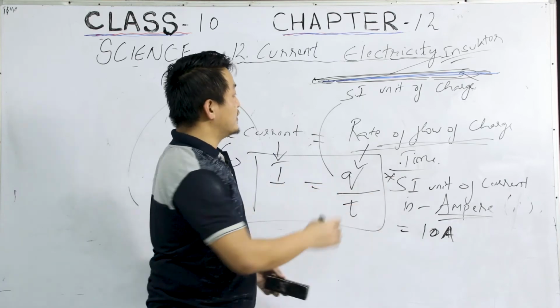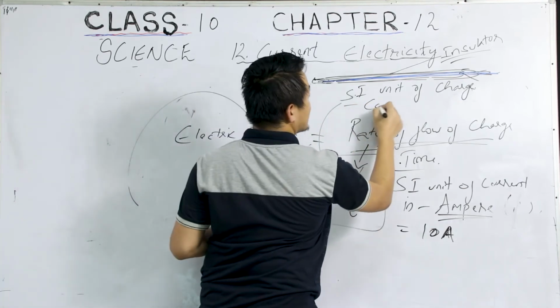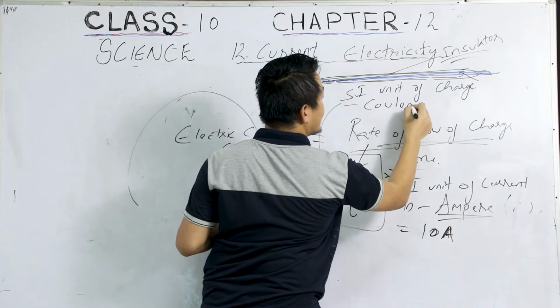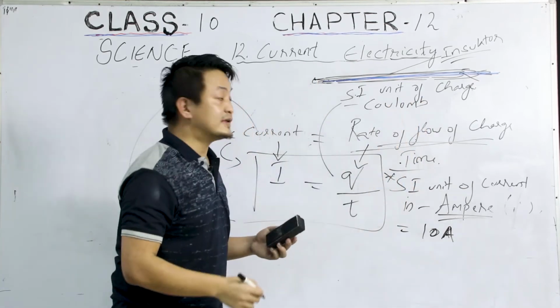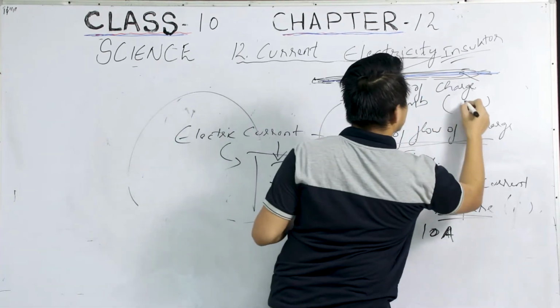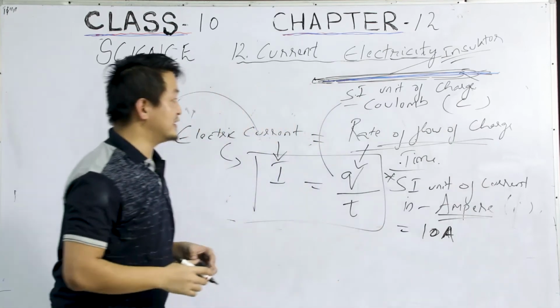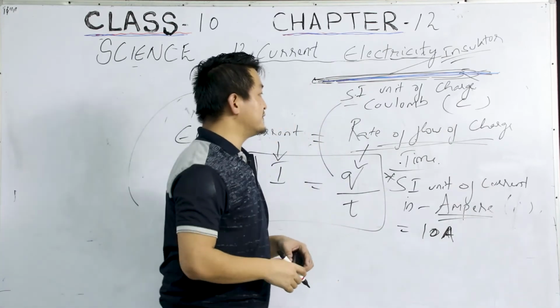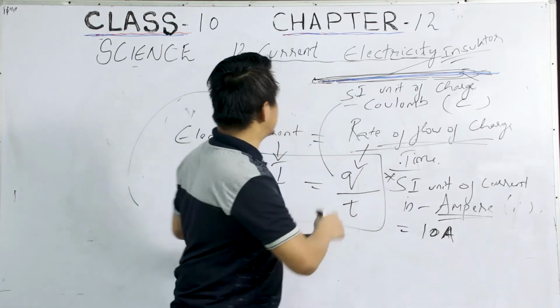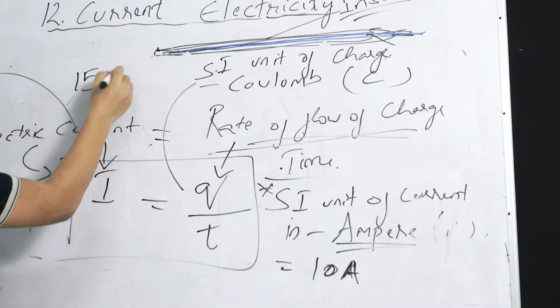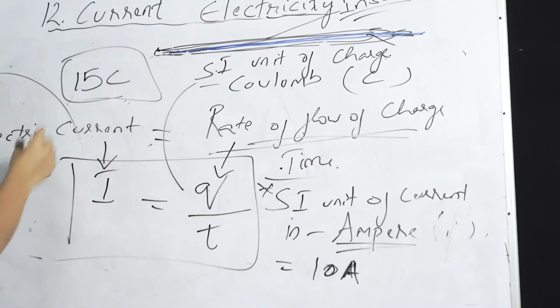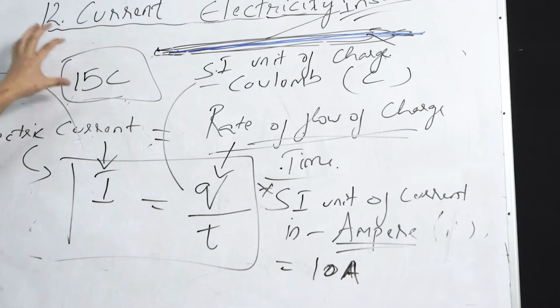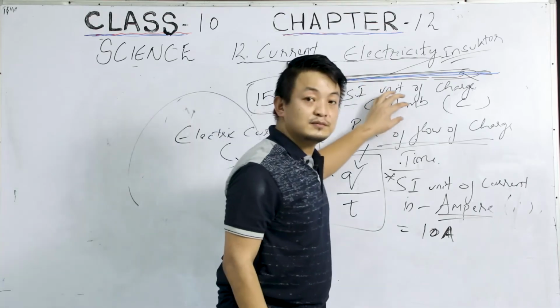Now the SI unit of charge is coulomb, C-O-U-L-O-M-B, and it is represented by C. If we say 15 C, that means we are mentioning the charge, and its SI unit is coulomb.